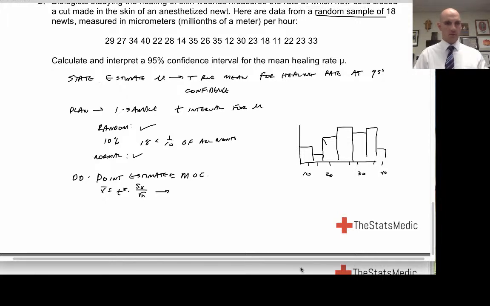And so what we get here when we do this, evaluating that t star value, is we end up getting 25.67. So that's going to be our point estimate, right? And then we're going to plus or minus.